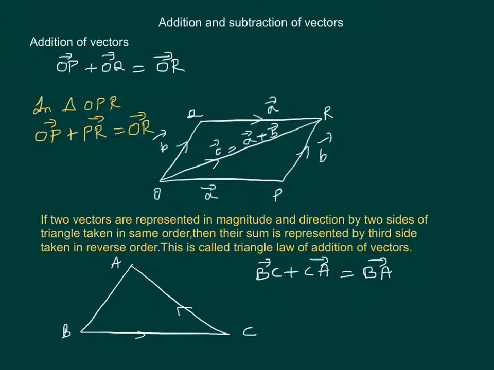Because we are saying that the sum is represented by the third side taken in reverse order. Likewise, we can take any two sides of a triangle. Say we start from vertex C, then CA plus AB will be given by CB, and if we take AB plus BC, that will be given by AC.